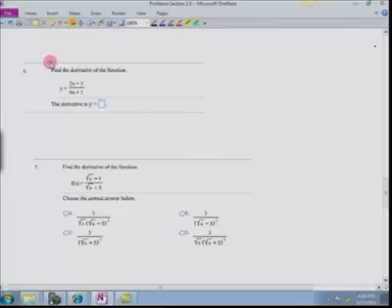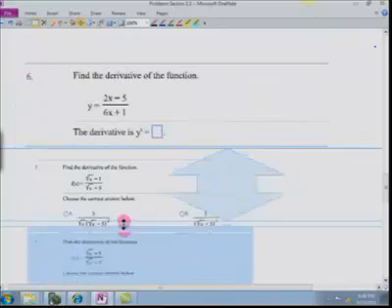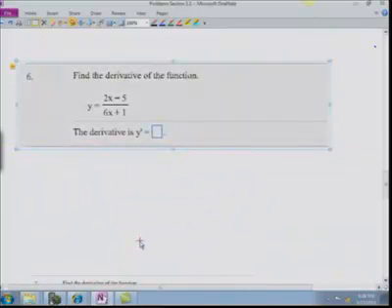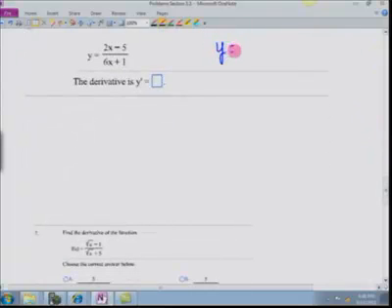What is this? This is a quotient. So y equals 2x minus 5 over 6x plus 1. Starting out with an easy one. We're all linear there, so that's not so bad.